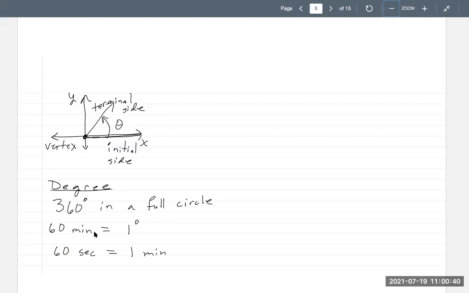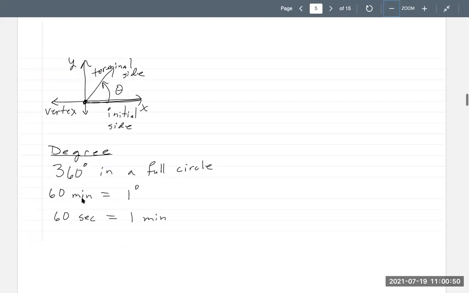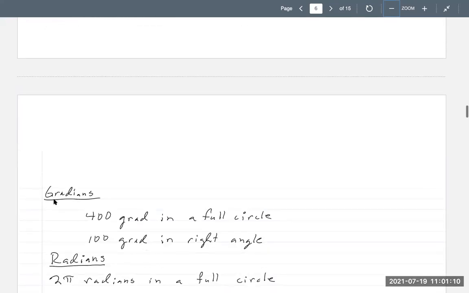So rather than just saying 60 minutes, we'll say 60 minutes of arc if you might be confused that this is an angle, because obviously minutes and seconds are the same words we use for time. Notice that for time, we use the same system that the Babylonians did: 60 minutes an hour, 60 seconds a minute.